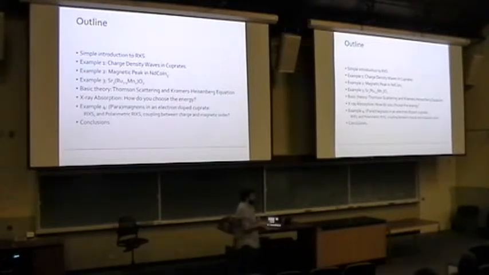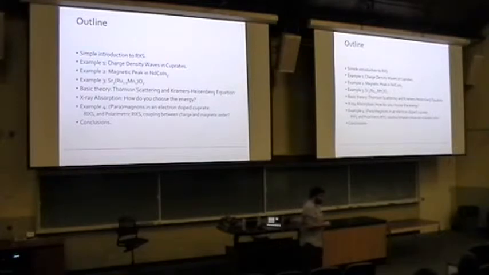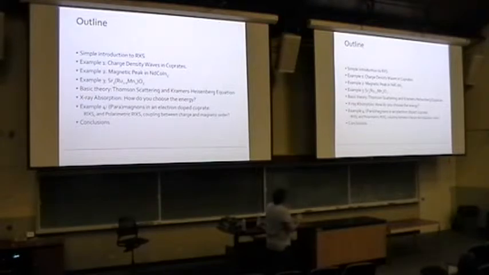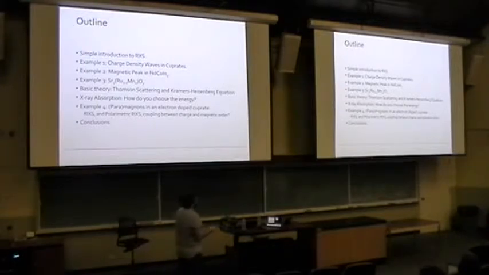Okay? And then after these examples, I'll go a little bit into some of the basic theory. I'm not going to derive all these things, but just to give you an idea where things come from. Talk a little bit about practical things and how to do experiments. And then I'll finish with examples of RIXS and polarimetric RIXS on data that we think shows an interesting coupling between charge and magnetic degrees of freedom.